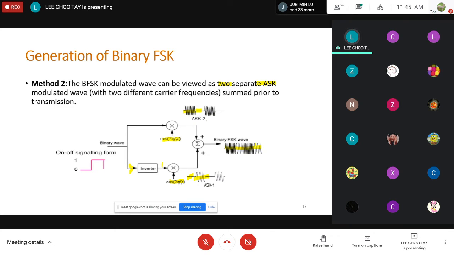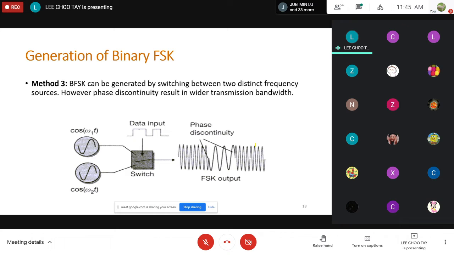Okay, concept-wise, again, it is very simple. Method number 3. In method number 3, we actually generate the FSK signal by switching between two distinct frequency sources. So again, we have two sources here. One has the frequency omega 1, the other one has the frequency omega 2. We use our digital data as a control to the switch, to switch between either this or this.